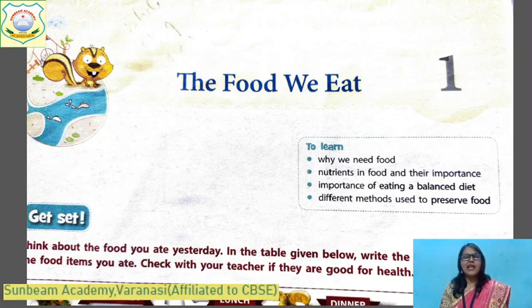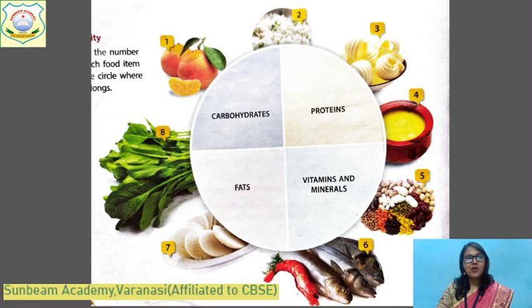And food has many different types of substances that are called nutrients. And what are the nutrients? Protein, carbohydrate, fats, vitamins and minerals. They are nutrients. They should be present in our food for our proper growth.